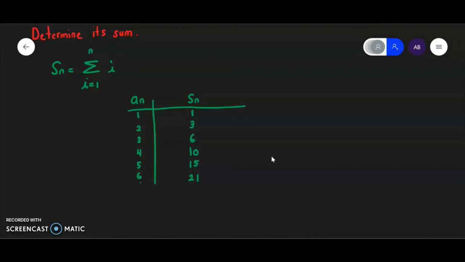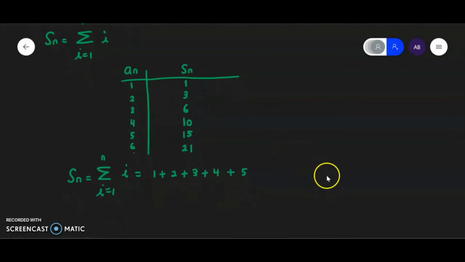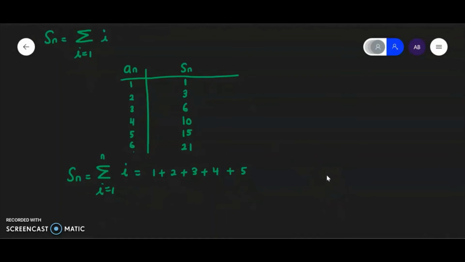Now, what is the formula for Sn? The formula for an is very easy, right? But what is the formula for Sn that can give you this? Sn is the summation from i equals 1 to n of i, which is 1 plus 2 plus 3 plus 4 plus 5.